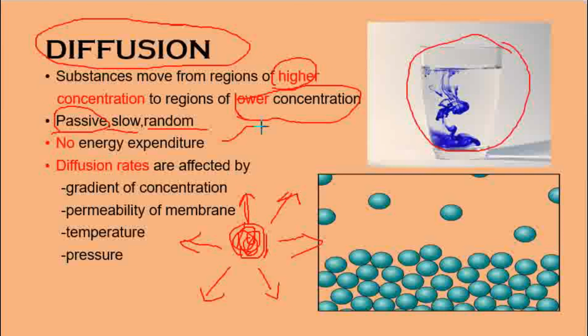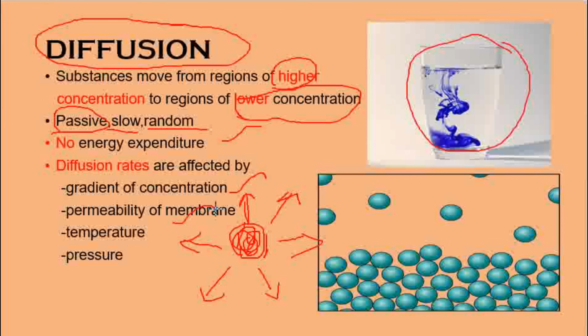So coming to the diffusion rate, what is rate? Rate is denoting the speed at which that particular thing occurs. So is diffusion happening at speed, or is it happening slowly? And the rate gets affected by the following. What are they? Gradient of concentration, how the difference of concentration is, and also the permeability of the membrane.